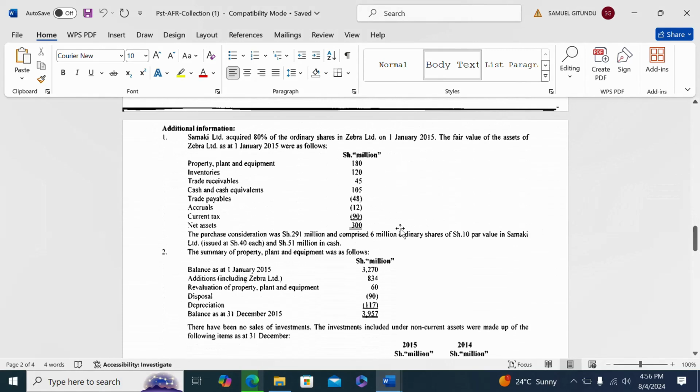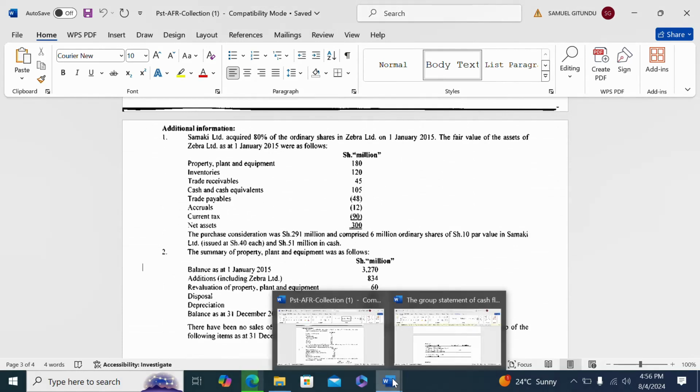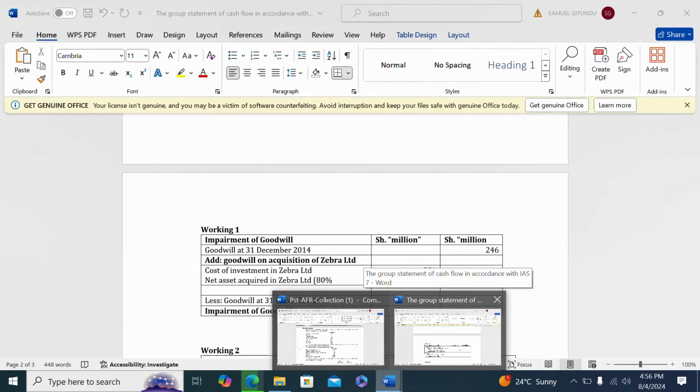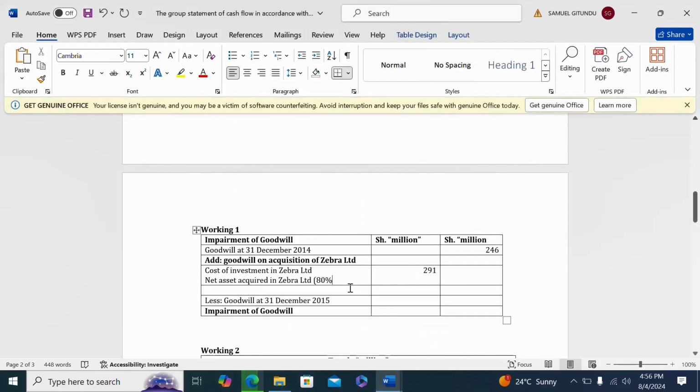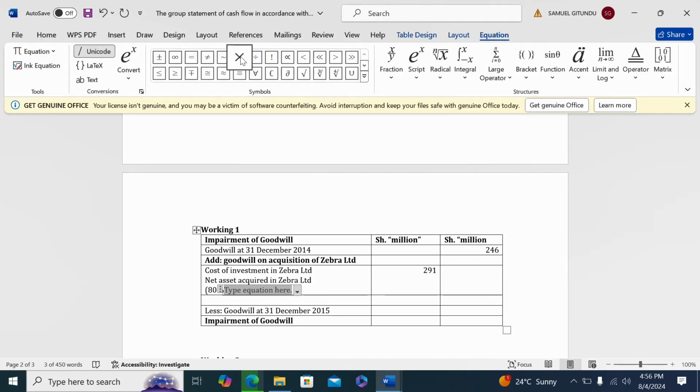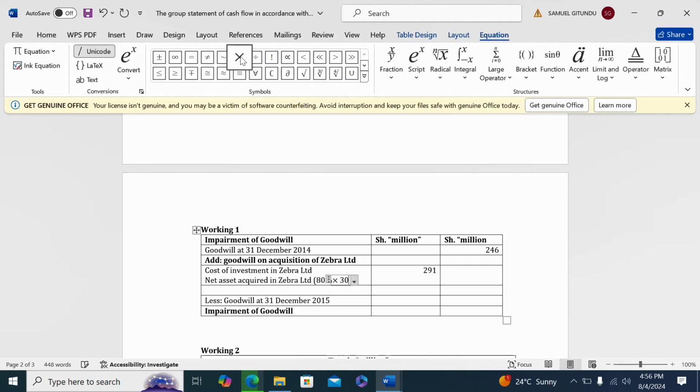From additional information number 1, the net asset acquired were 300 million. So we take 80% of 300 million. We are using the partial method to get the goodwill because we have not been given the value of the NCI.